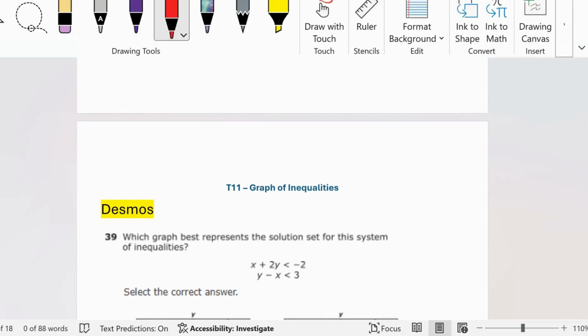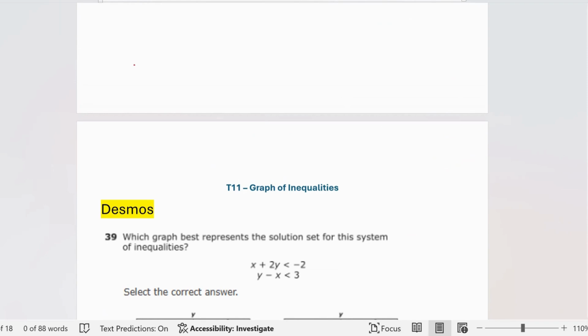So if I have greater than or less than, the graph of greater than means above, okay? And less than looks like this.